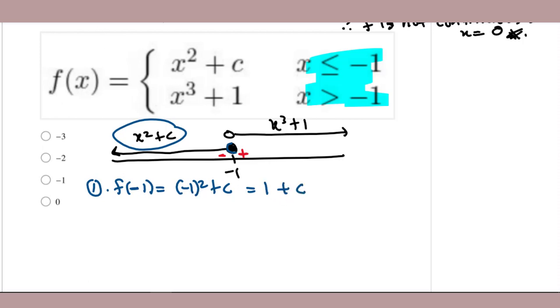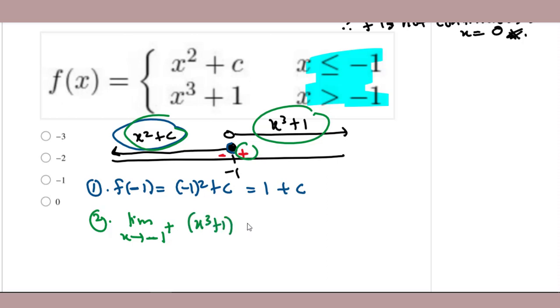And the second step, find limit. Limit as x approaches negative 1. So let's say to find c, and then the function is continuous, so just take the opposite one. Here we choose this function, the other one we need to choose this one. So talking about negative 1 from right, choose this function x cubed plus 1, then substitute negative 1 cubed plus 1 is equal to 0.